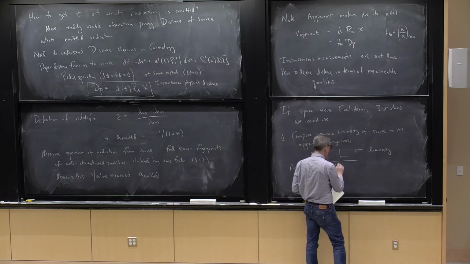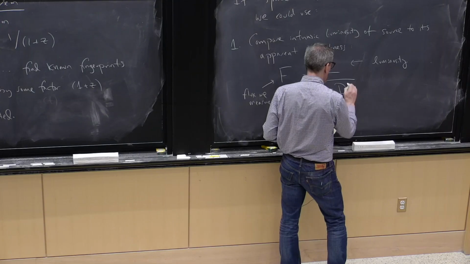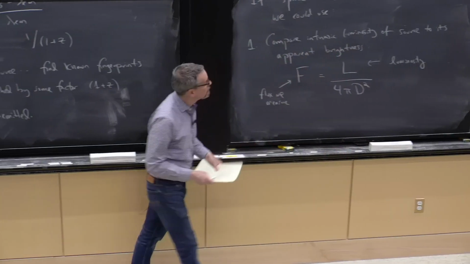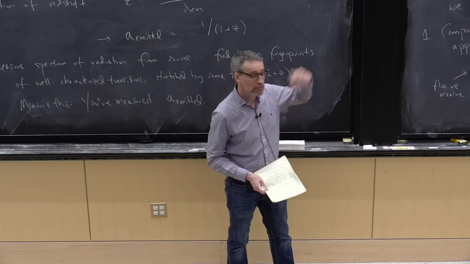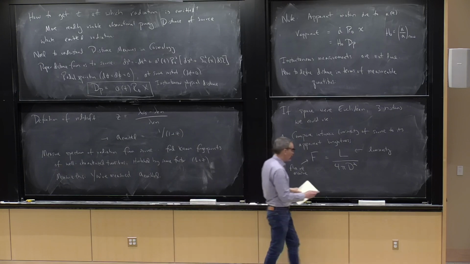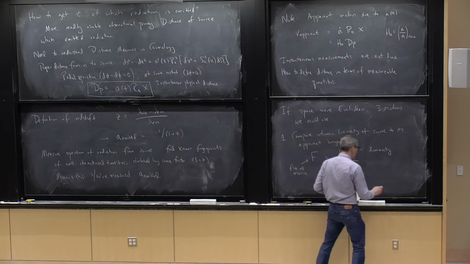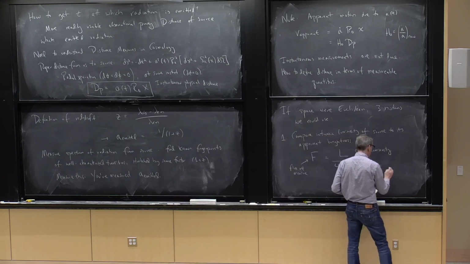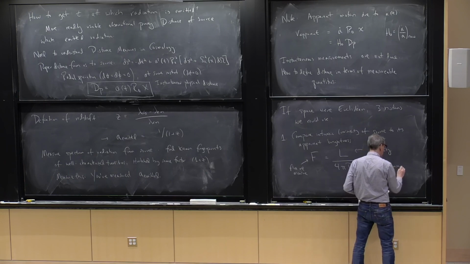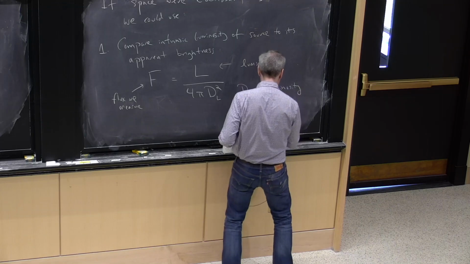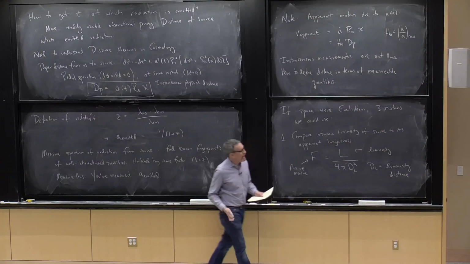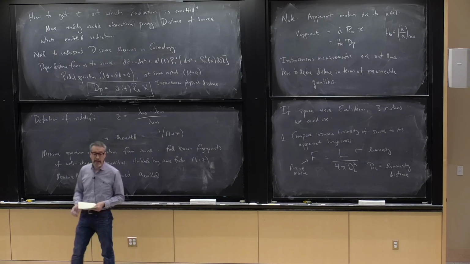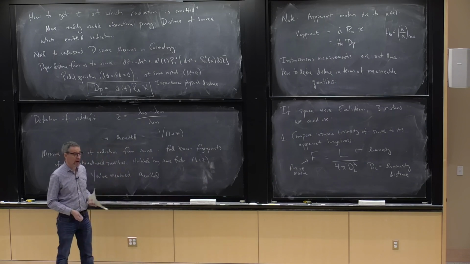And if we imagine this is an isotropic emitter, this will be related by a factor of 4 pi and the distance between us and that source. Let's call this d sub L. This is a luminosity distance. It is a distance that we measure by inferring the behavior of luminosity of a distant object.